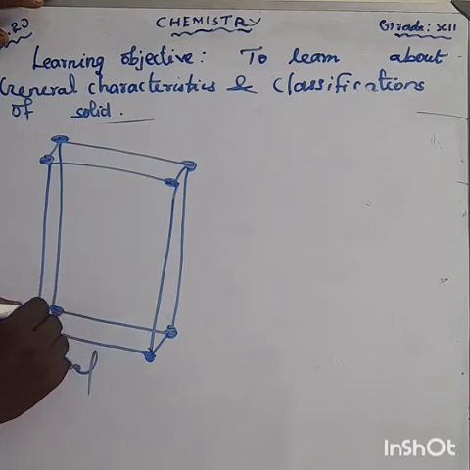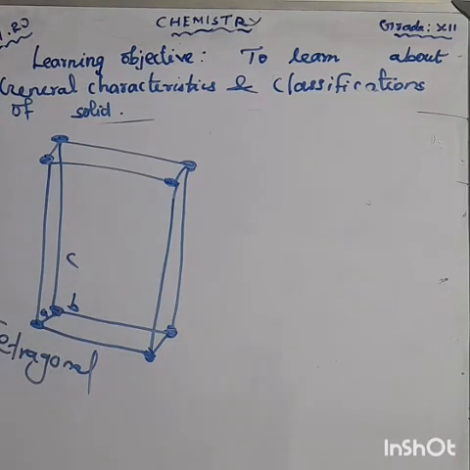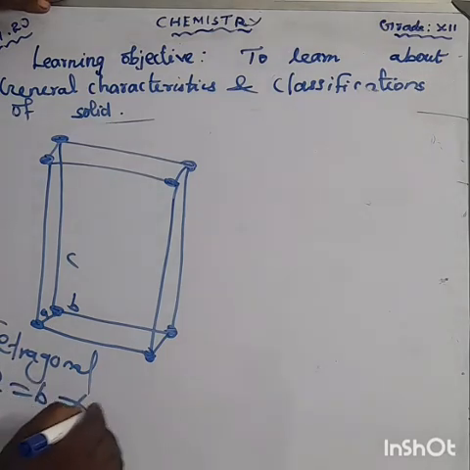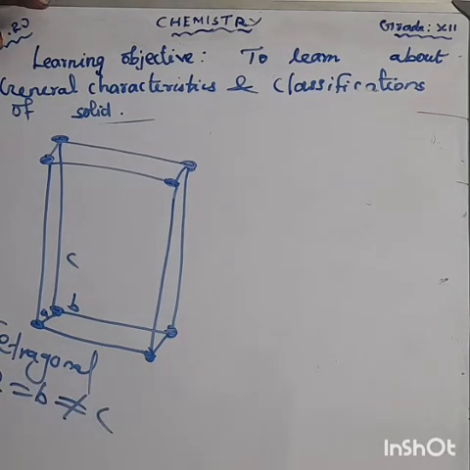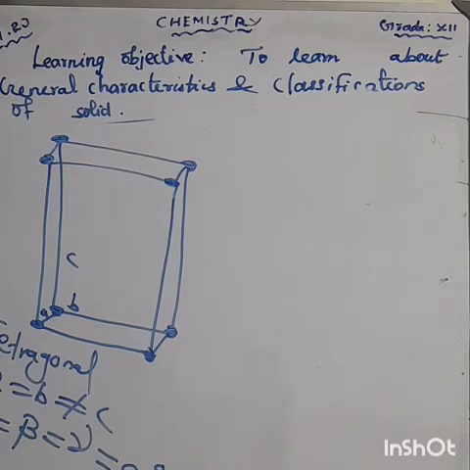A, B, C. Here A is equal to B, B is not equal to C. Alpha is equal to beta is equal to gamma, and it is 90 degrees. Clear?